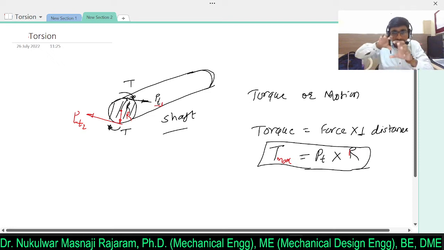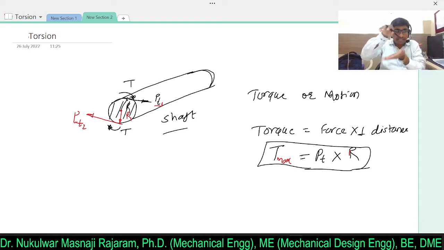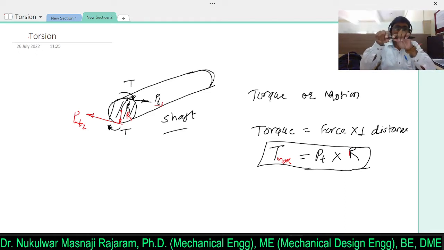Now when the two tangential forces are acting and the moment acts on the shaft in the tangential direction, then it will go for twisting, and that is nothing but torsion. A shaft is said to be in torsion when equal and opposite torques are applied on the two ends of the shaft.